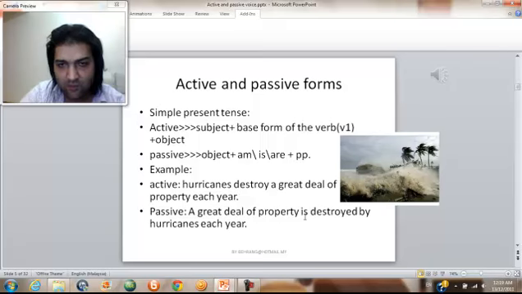Why is, why not am, why not are? Because a great deal of property is like it, and the tense of this sentence is simple present, so we use is. Then destroyed, the past participle of the verb, by hurricanes each year.